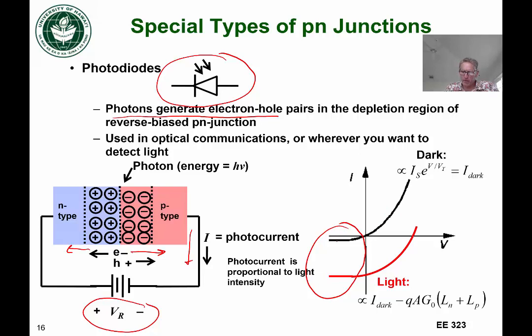When it's dark, we follow one IV curve, this dark IV curve. Then when it's light and we're creating these extra electron-hole pairs, the current is more negative, and we get this increase in negative current to detect the light, essentially. This photocurrent is proportional to the light intensity. So the brighter the light, the more current you get.